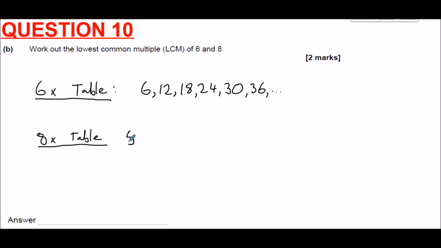The 8 times table starts with 8. 8 times 2 is 16. Multiplied by 3 is 24. Multiplied by 4 is 32, 40, and so on and so on. And so the lowest common multiple, the smallest number you can see in each list of the 6 times table and the 8 times table is 24. And so the lowest common multiple of 6 and 8, for that reason, is 24.